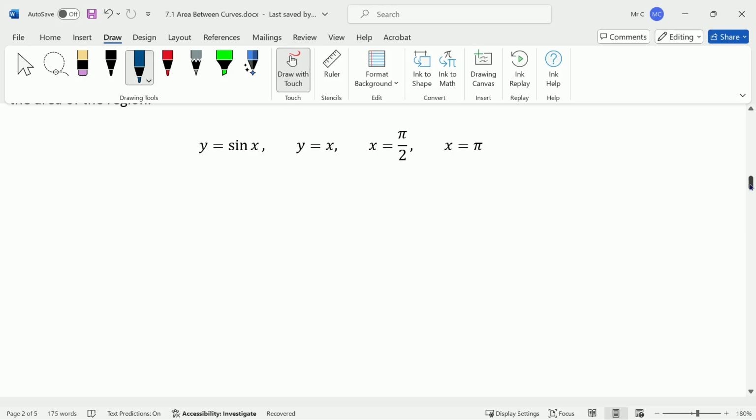But in this case, I'm just going to start drawing, and it'll be pretty clear to me quickly that there's not going to be any intersections between these graphs, the sine of x and y equals x graph. But we have our bounds for x, that's from pi over 2 to pi. So we have two vertical lines for our bounds.